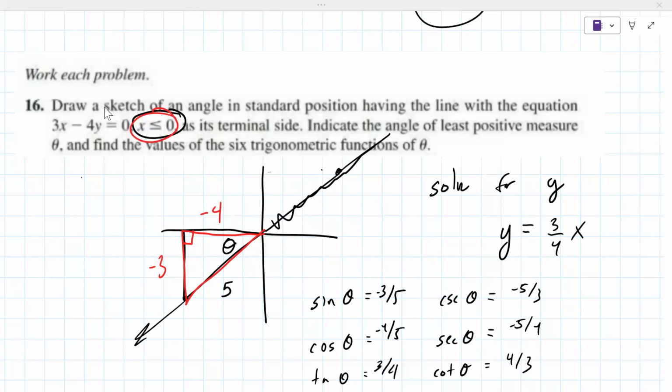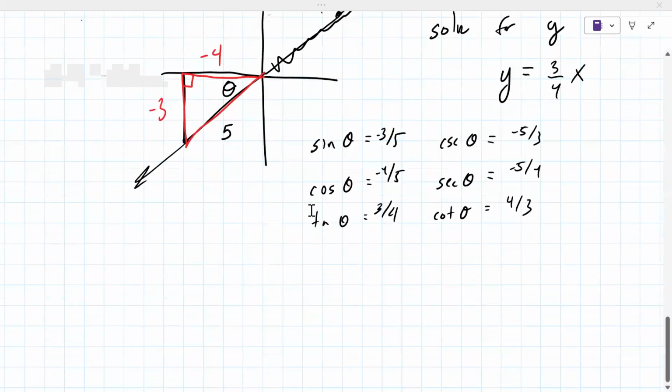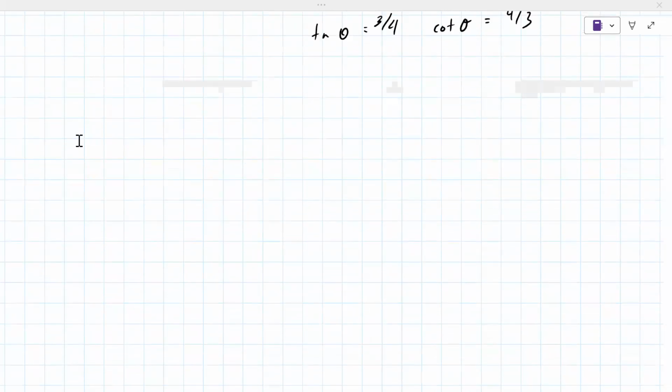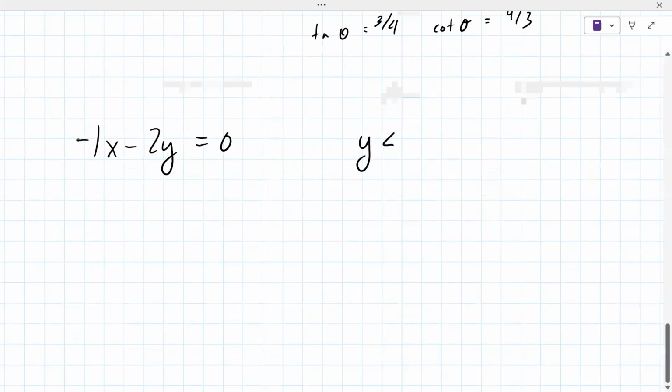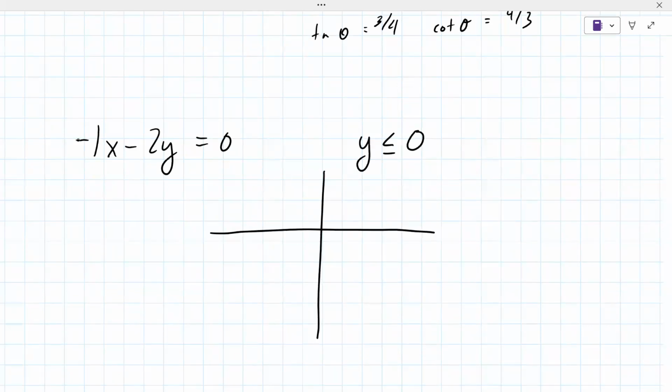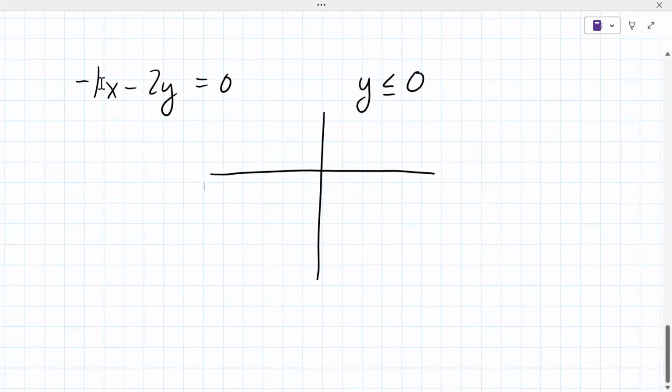All right, so let's do another one here. I've made this one: -1x minus 2y equals 0, y less than or equal to 0. So you're trying to figure out which quadrant you're in and which triangle to draw. So it's a lot like the last one.